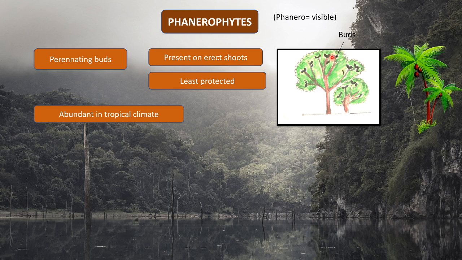Here you can consider examples of most of the trees that you know, especially palm trees, which have their perennating buds over the very top of the erect shoot. So these are phanerophytes, and their number decreases from tropic to polar.